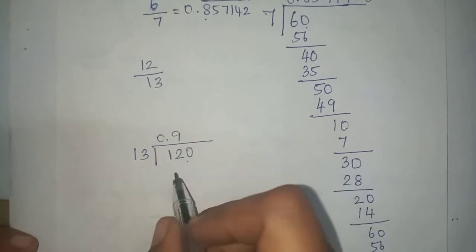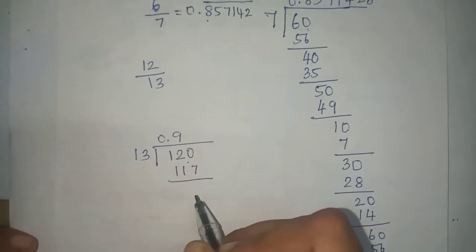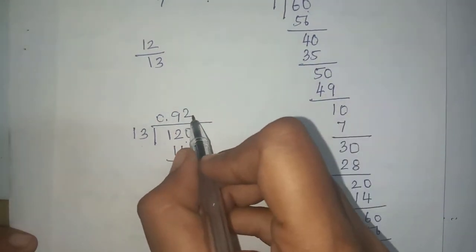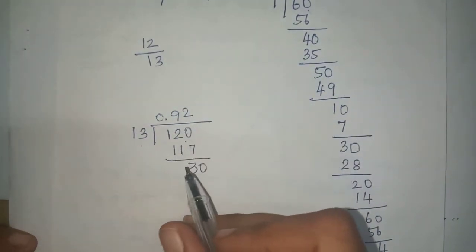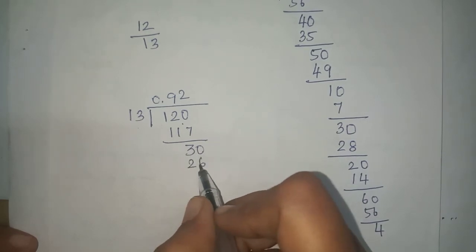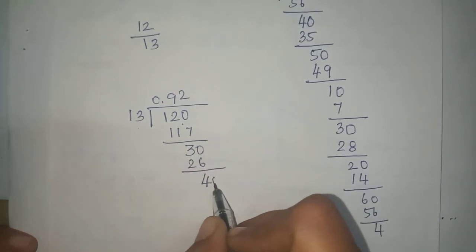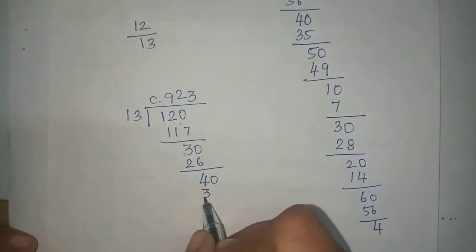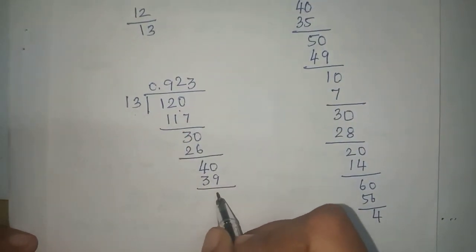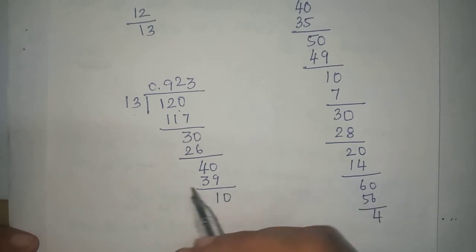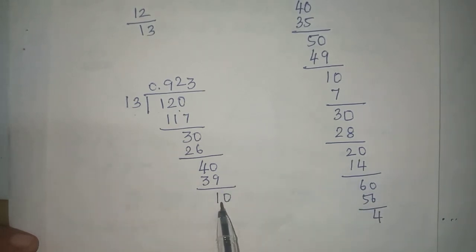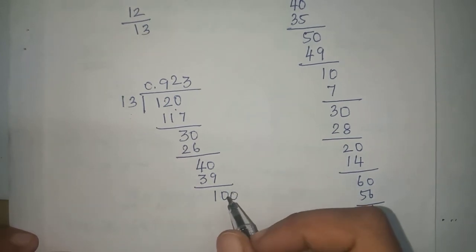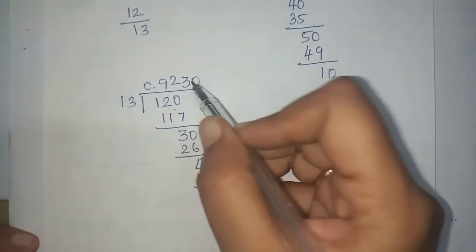So 9 times 13 is 117. The remainder is 3. Add a 0. 2 times 13 is 26. The remainder is 4. Add a 0. And 3 times 13 is 39. So the remainder is 1. Again add a 0, and again add a 0.